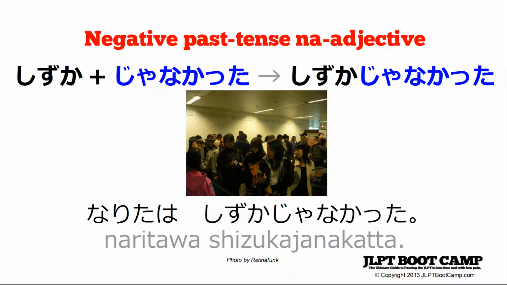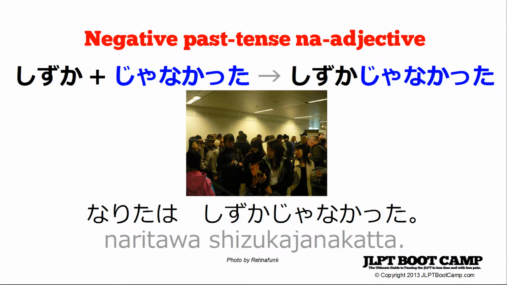With i adjectives, you change the i to a ku and add nakatta, basically, to form the negative past. Here, you just add janakatta as just one phrase. You don't have to actually change the na adjective to talk about negative past with na adjectives.